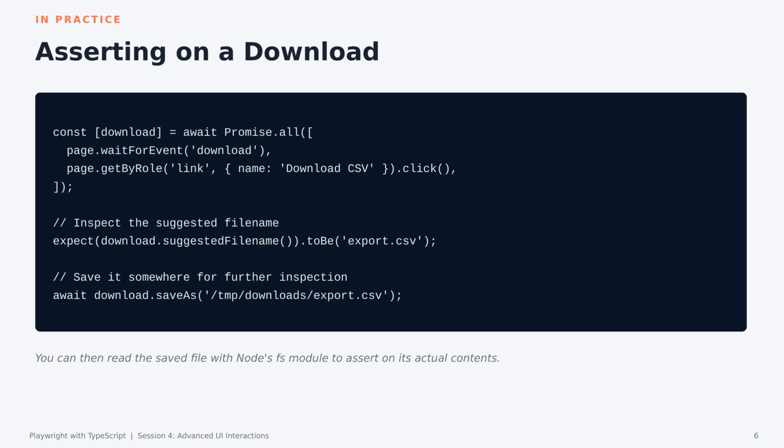Once you've saved it, you can go a step further and read that file's actual contents using Node's fs module to assert on what's really inside it, not just that a download happened at all.